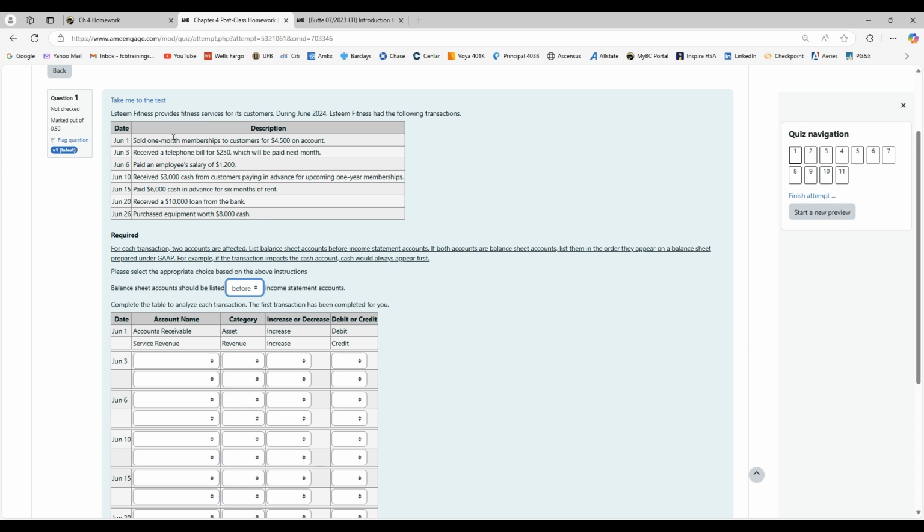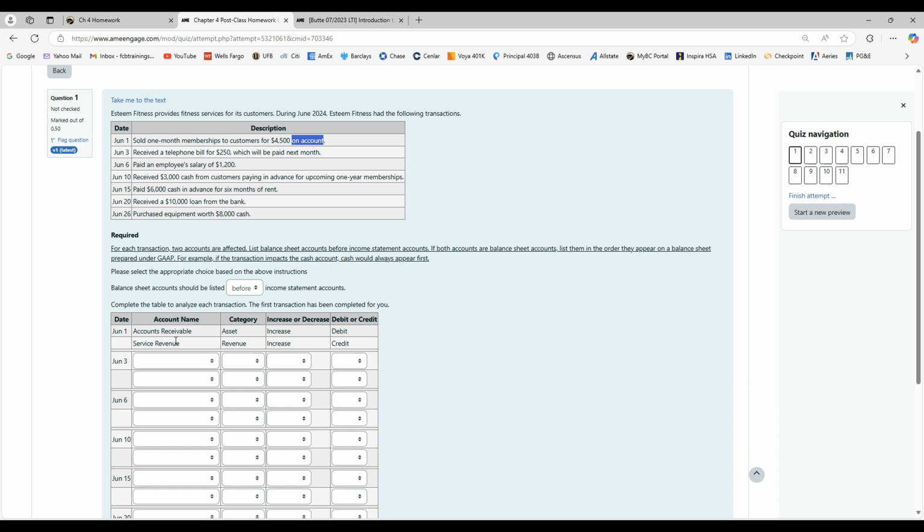Our first one is done for us. It tells us that we sold a 1-month membership to customers for $4,500. And "on account" is the important verbiage there, so they didn't pay us cash yet. So we have accounts receivable, and that is an asset.